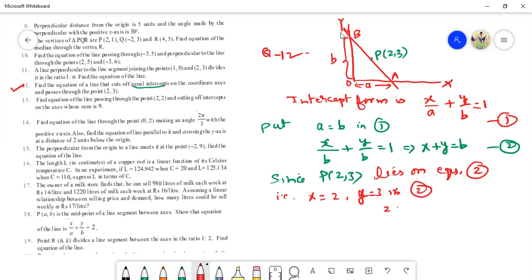So 2 plus 3 is equal to b, therefore b is equal to 5.